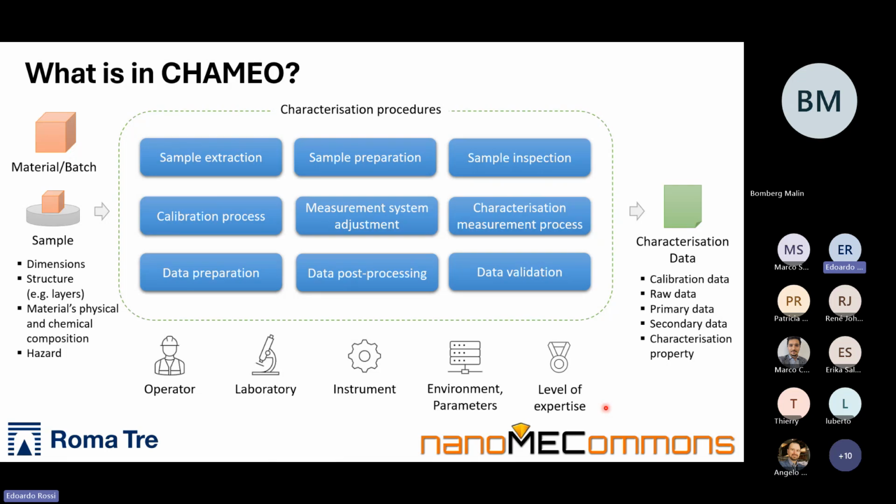And then also, and this is really important, and it's a novelty of this ontology, which is the level of expertise, because you can imagine that each raw data interpretation, and so each translation from the raw data to the primary data, needs a level of expertise to accompany that metadata, because we need to understand who was the user and which level of interpretation it has made on the data itself.